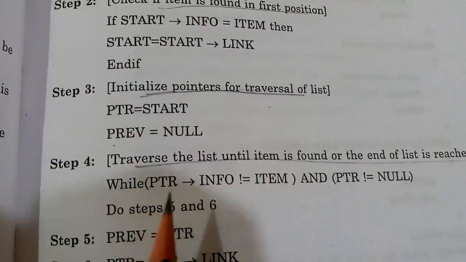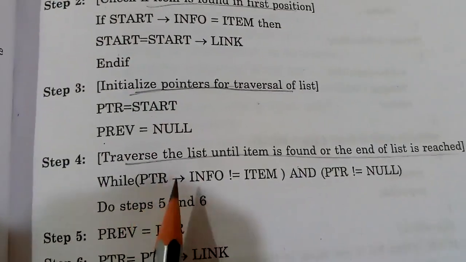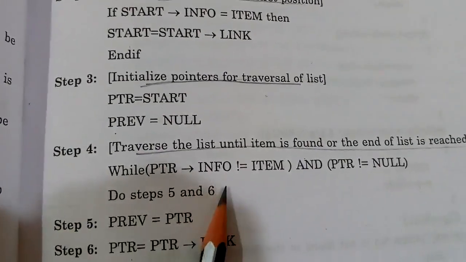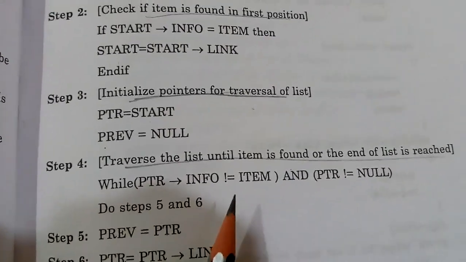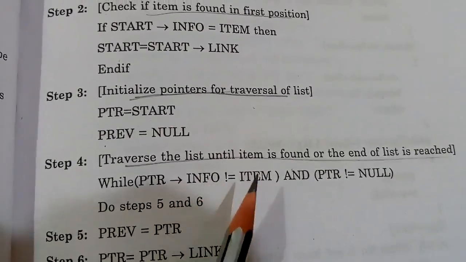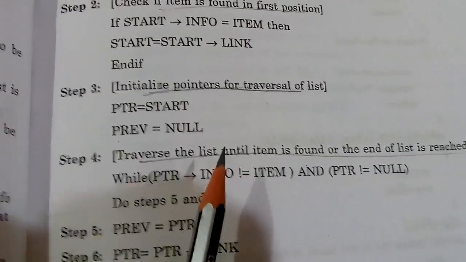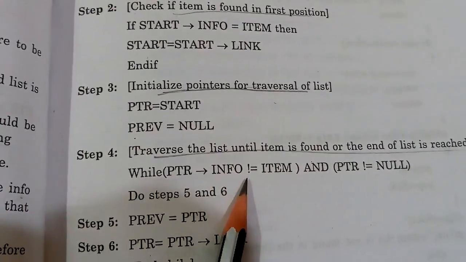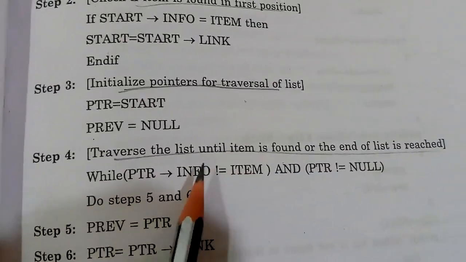Next step, the list is traversed by moving ptr to point to the next node and the previous pointer follows the ptr. Each time the information part of each node is compared with the element. So when a match is found, the node to be deleted is found.